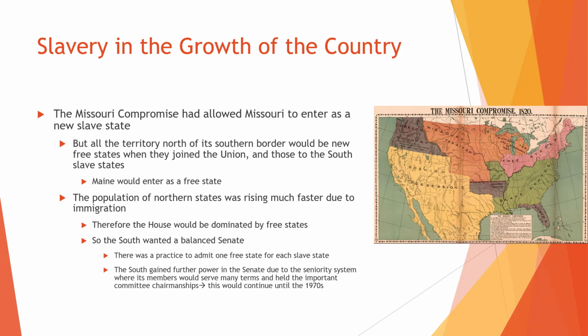Now, one of the other things happening was that the population of the northern states was rising a lot more thanks to immigration from Europe. And the early part of our immigration law was that you needed to be white to immigrate here.